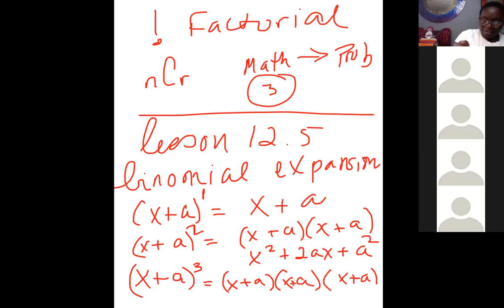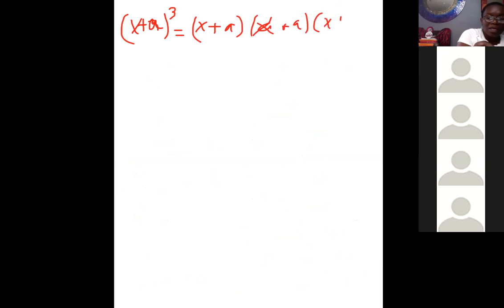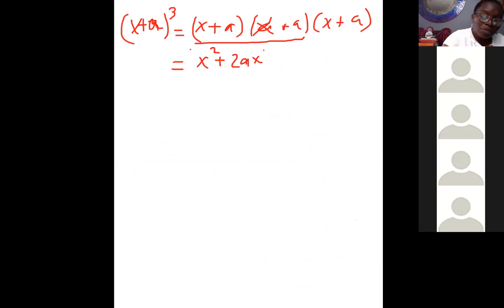Moving on. So when you expanded x plus a to the third power as x plus a times x plus a times x plus a, there's a pattern for this one too, but one of the ways students would do it is to multiply the first two binomials together, which is x squared plus 2ax plus a squared, and then they took this and multiplied it by x plus a.